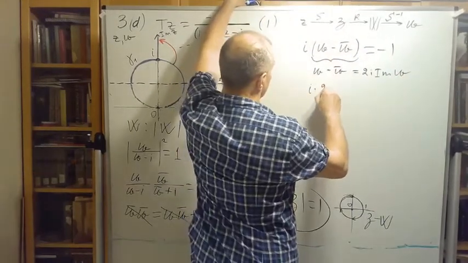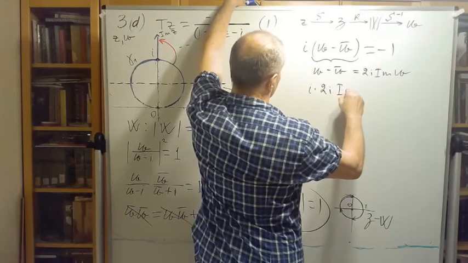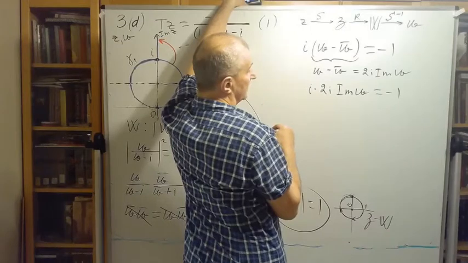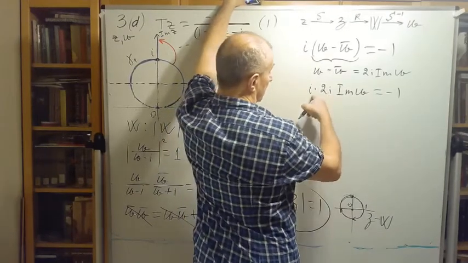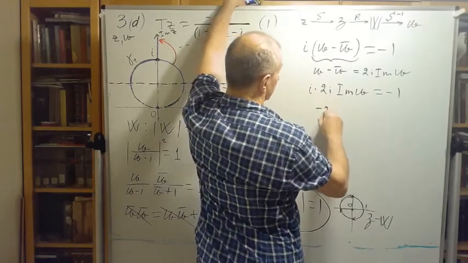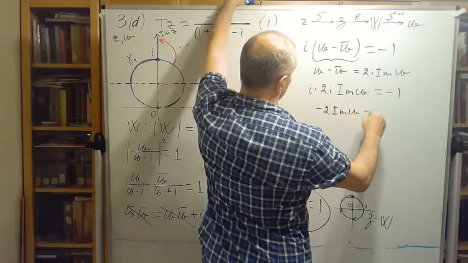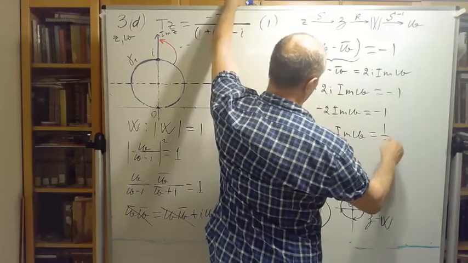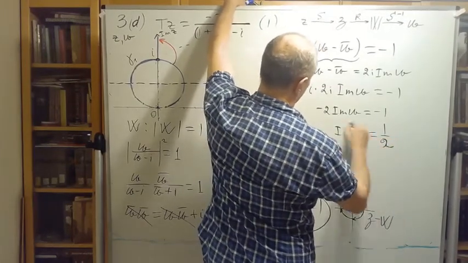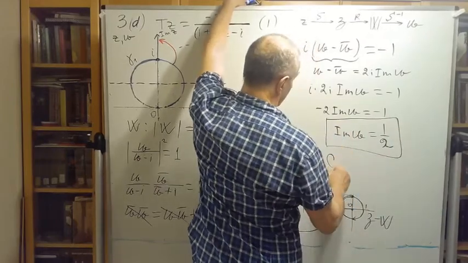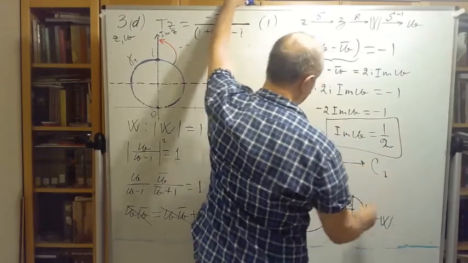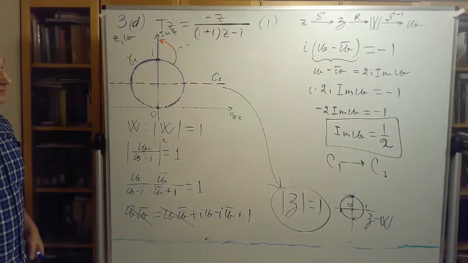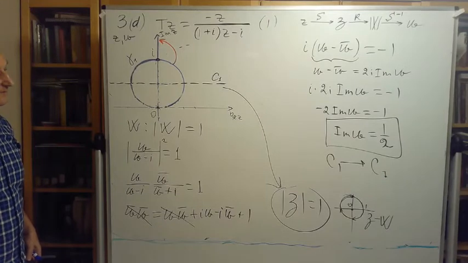So I multiplied by 2i imaginary part of w is negative 1. i times negative 1 is i times i is negative 1, so negative 2 imaginary part of w is negative 1, or imaginary part of w is 1/2. Oh. So really C1 is mapped exactly into C1. And we return to w plane as a result of T transformation. Right?